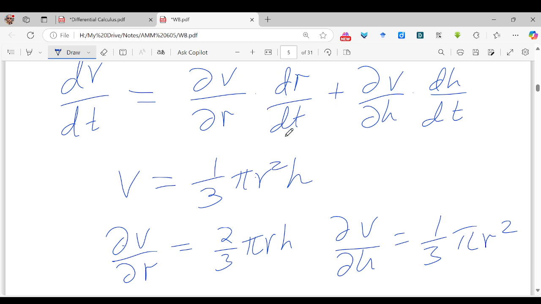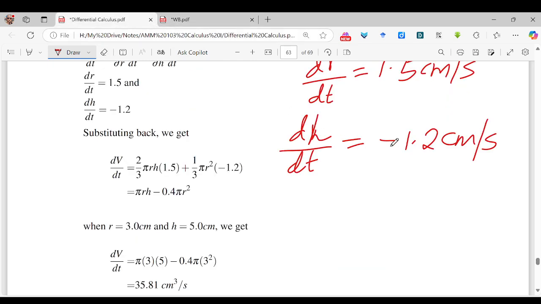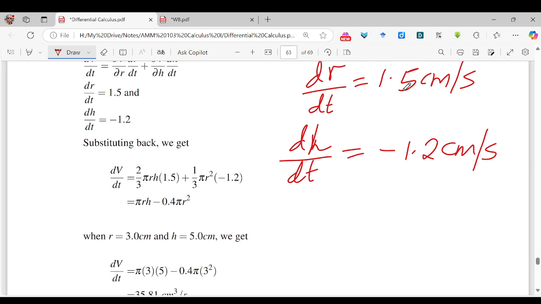Then dr/dt, we had those quantities here: dr/dt is 1.5, dh/dt is negative 1.2. So we substitute. This is the partial derivative of V with respect to r, and this is the partial derivative of V with respect to h. So 1.5 is dr/dt, minus 1.2 is dh/dt.